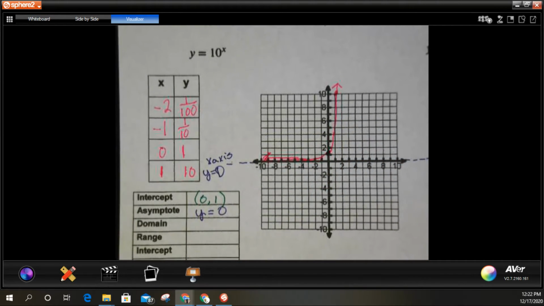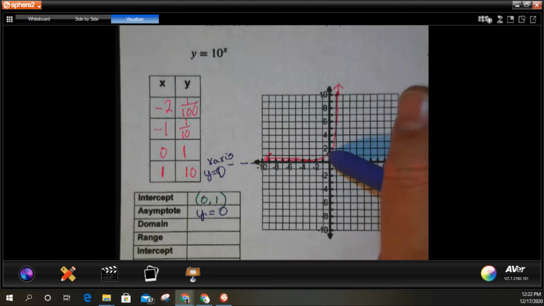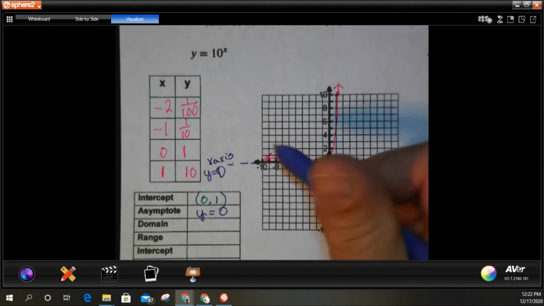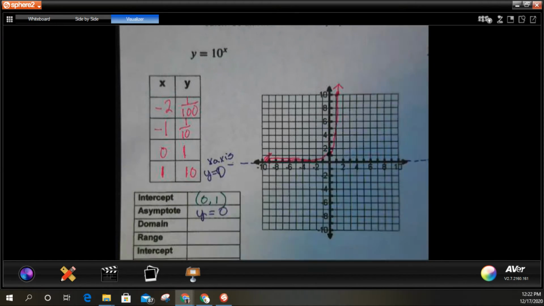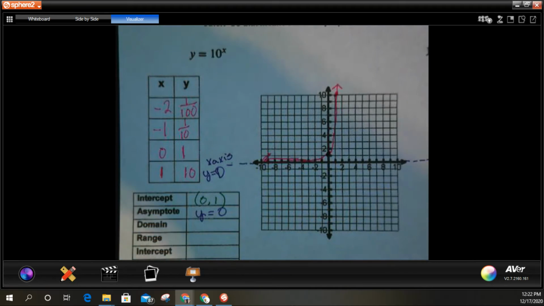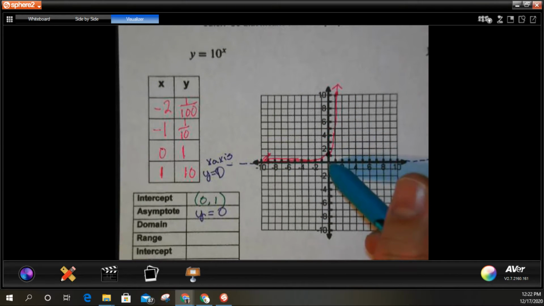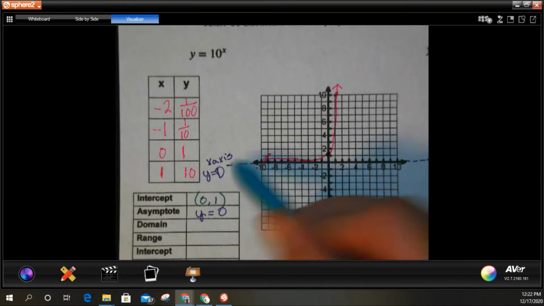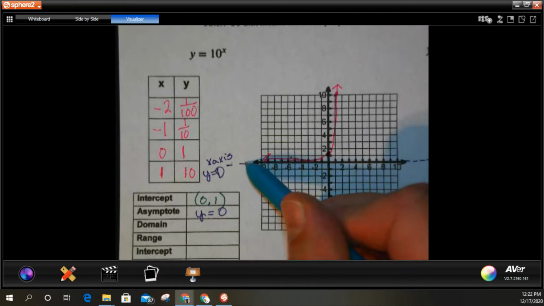Domain. As we learned when we were graphing exponential functions, as my x values go to negative infinity, my function goes to negative infinity.